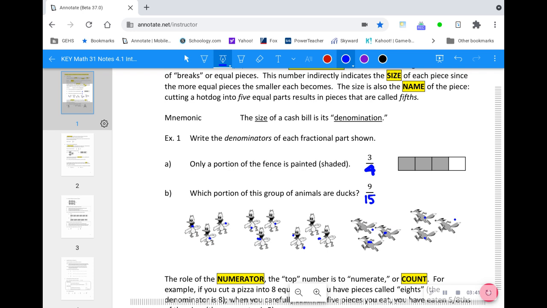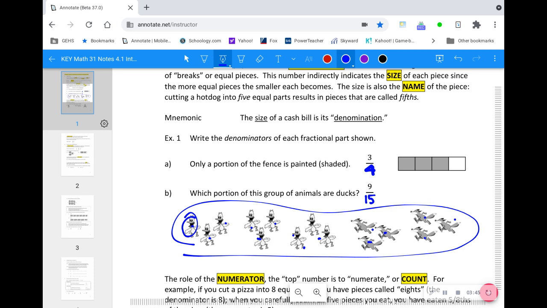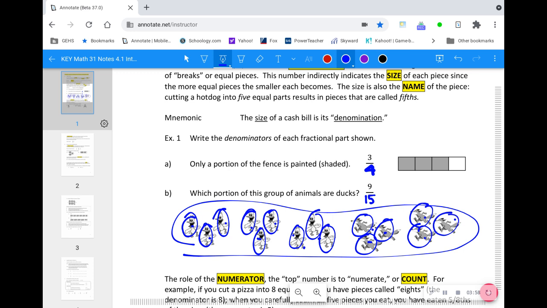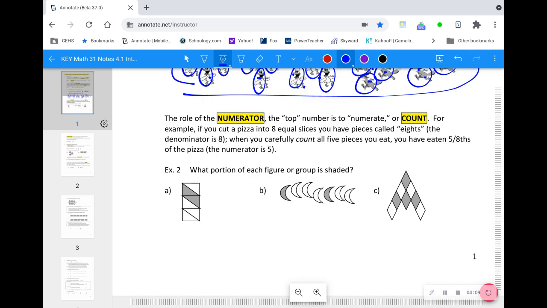So if you think of the group, it's being divided into 15 equal parts, namely animal, animal, animal, animal, and so forth. And of those parts, each one being a separate organism, animal, we count 9 of them that are ducks. All right, so the top number counts, it numerates.